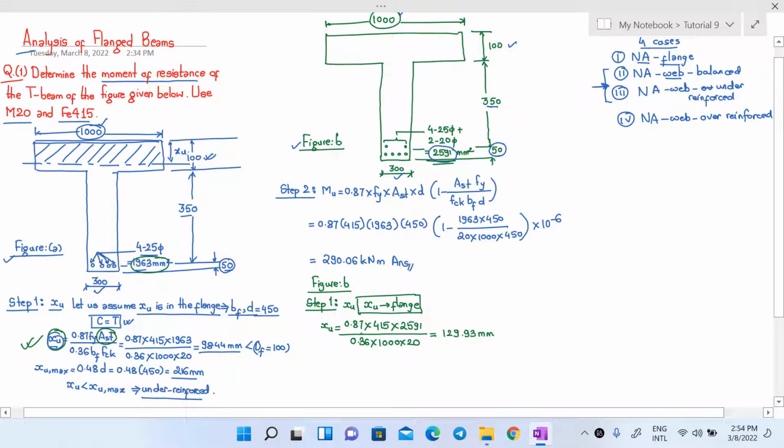Now you can see that the value of Xu is greater than the value of Df, which is 100 mm. So if you want to draw the depth of neutral axis, your neutral axis now will lie somewhere here. Now this will be the depth of our neutral axis Xu. So Xu value is greater than Df means neutral axis lies in the web.